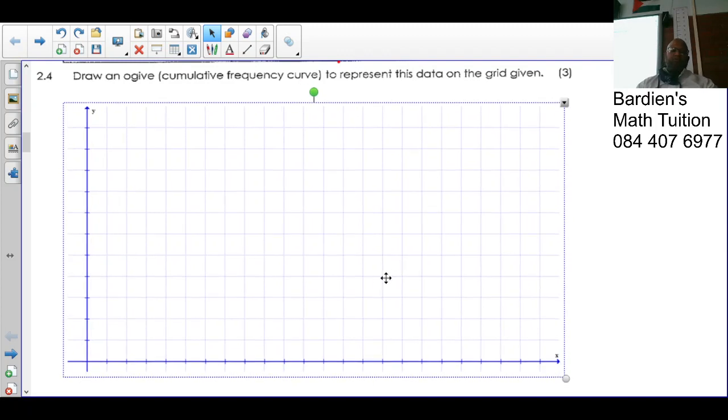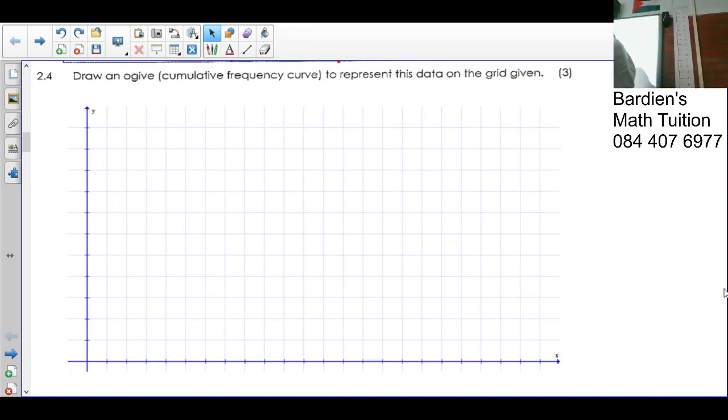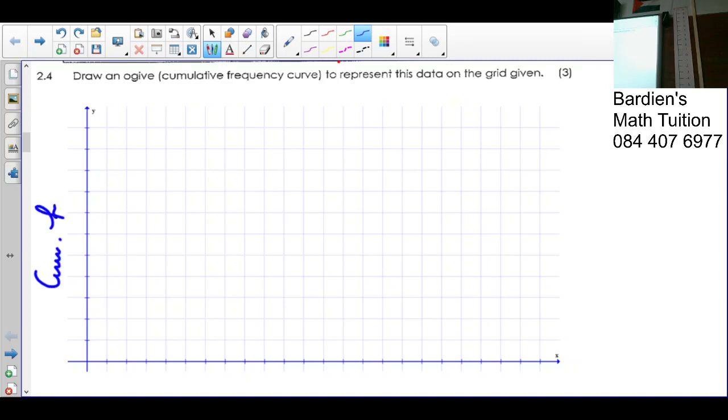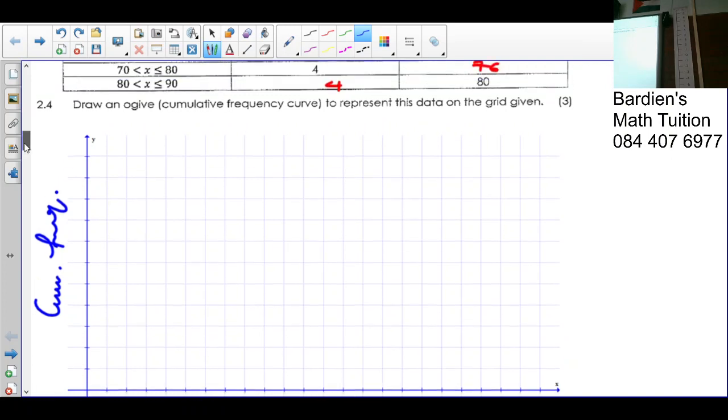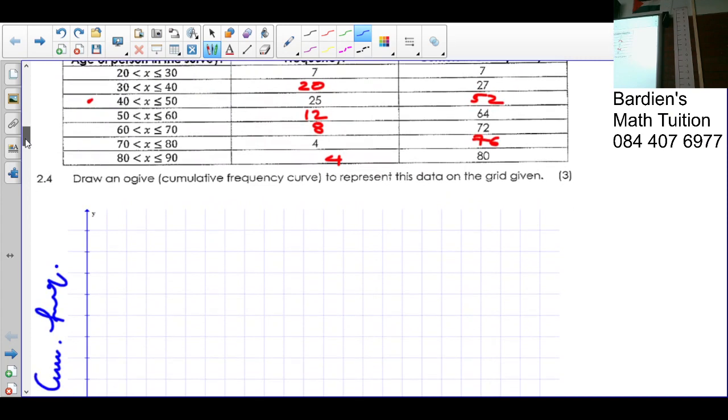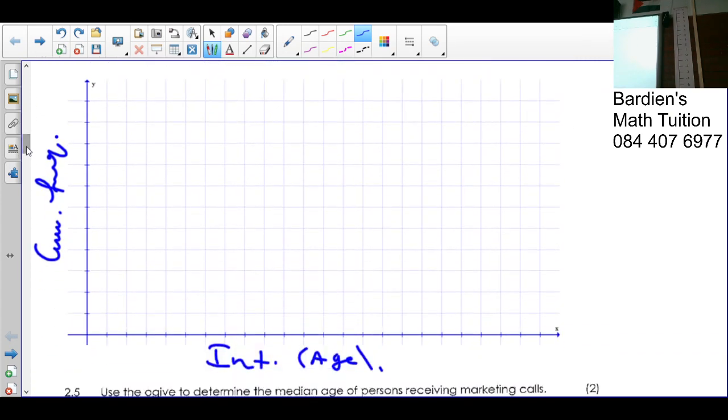Okay, so very importantly here, on the side you will always have your cumulative frequency. Not so? And here we will have our interval. In this case it was the ages of people. Okay? So that went 20, 30 and so on to 90.